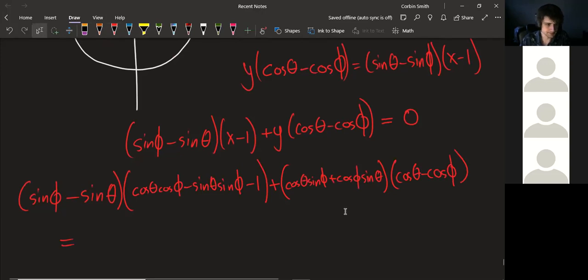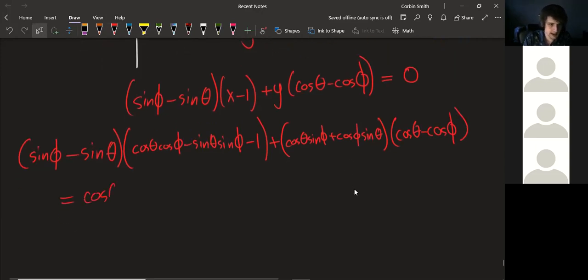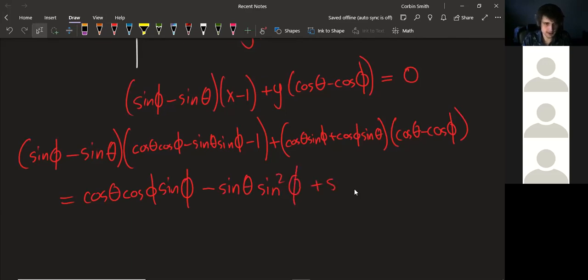So if we distribute, we get cosine theta cosine phi sine phi minus sine theta sine squared phi plus cosine theta sine theta cosine phi, and then plus sine squared theta sine phi.